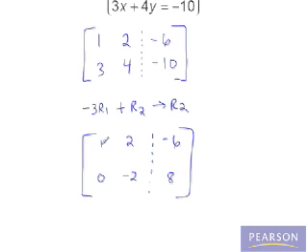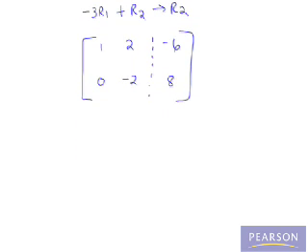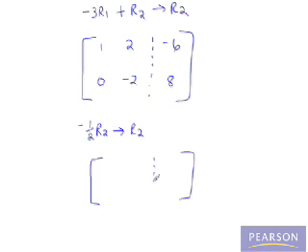So I got my upper left hand corner to be a 1, used it to make the rest of the column zeros. Now we'll jump over to the next position on the main diagonal. I now need this to be a 1, so we're going to multiply row 2 by negative 1/2. So negative 1/2 times row 2 to give us a new row 2, meaning that row 1 will not change again.